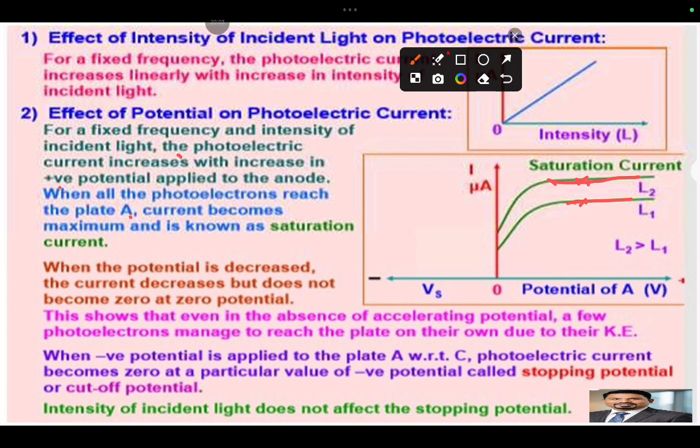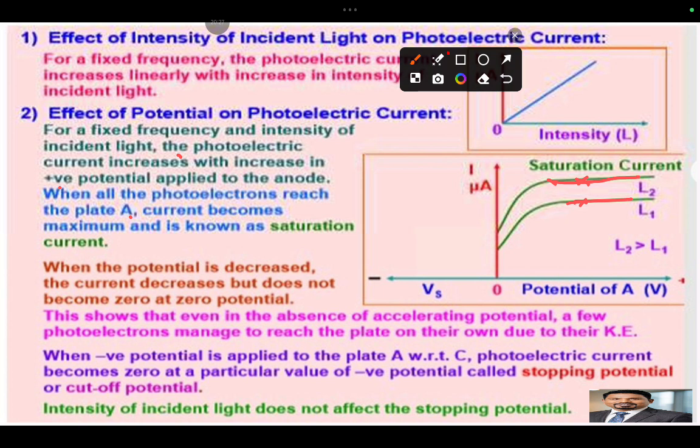When the potential is decreased, the current decreases but does not become zero. This shows that even in the absence of accelerating potential, a few electrons manage to reach the plate on their own due to their kinetic energy.